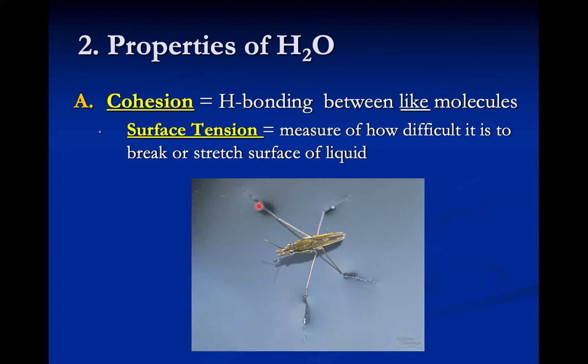Here we have a little insect, a water strider, and he is able to utilize the surface tension of the water by spreading out his legs, and he's not breaking the surface tension, which allows him to float on top. He's using these hydrogen bonds, and just how many there are is crazy, to keep himself afloat, and we'll come back to that more in class.